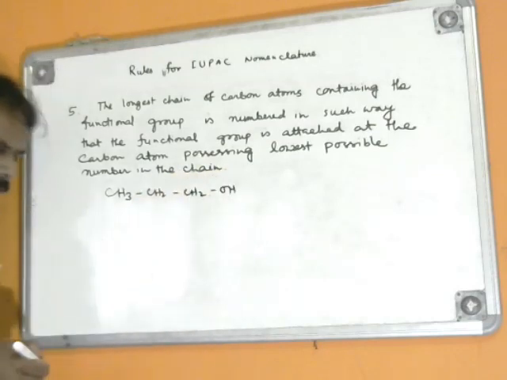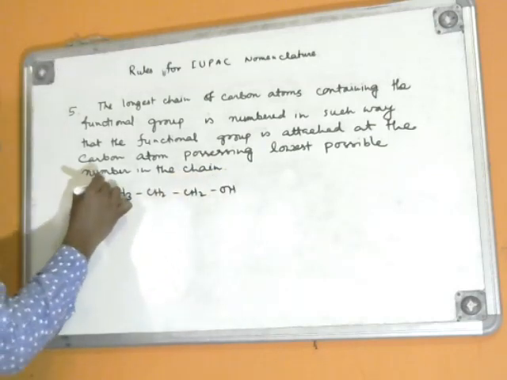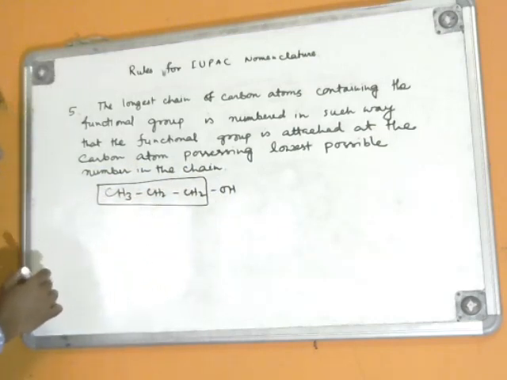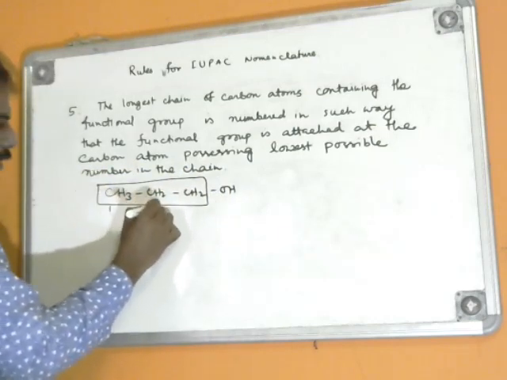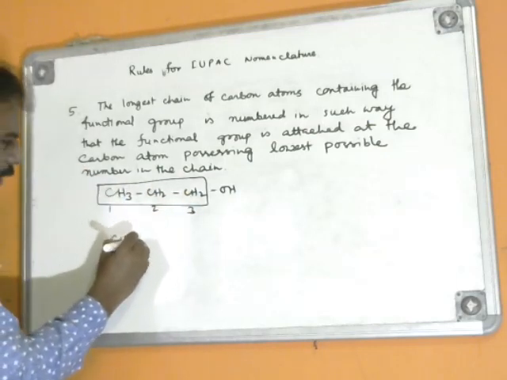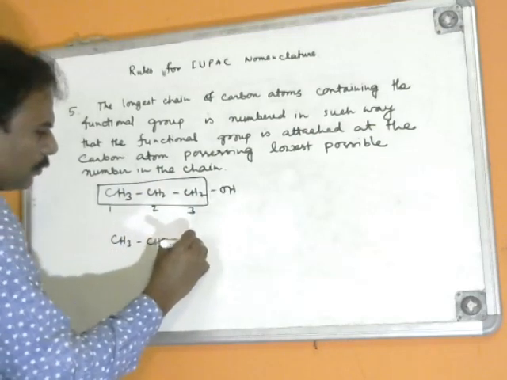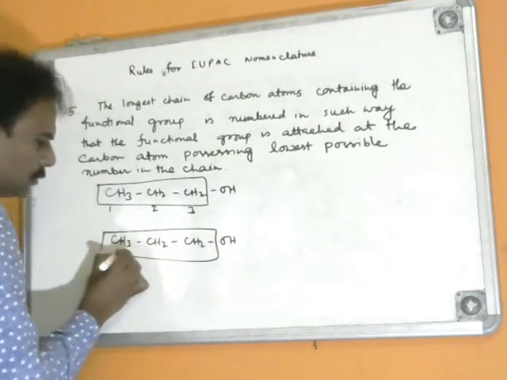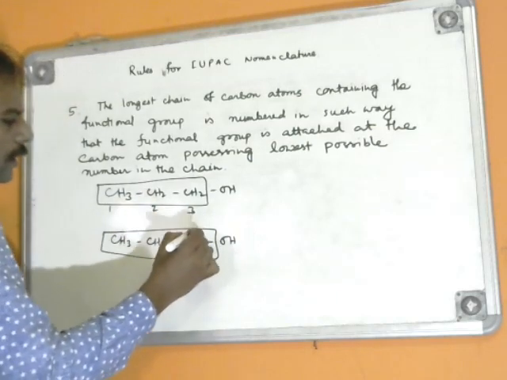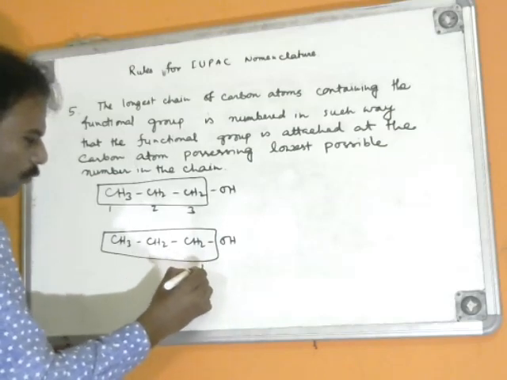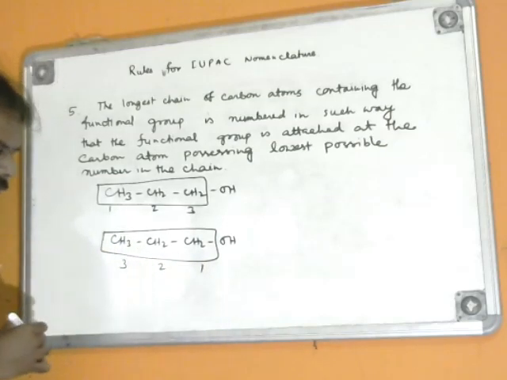It's a simple compound. So the carbon chain is this one. You may number in this manner 1, 2, 3, or again I am drawing this compound. Same compound, and you may number this chain from this terminal carbon 1, 2, 3.